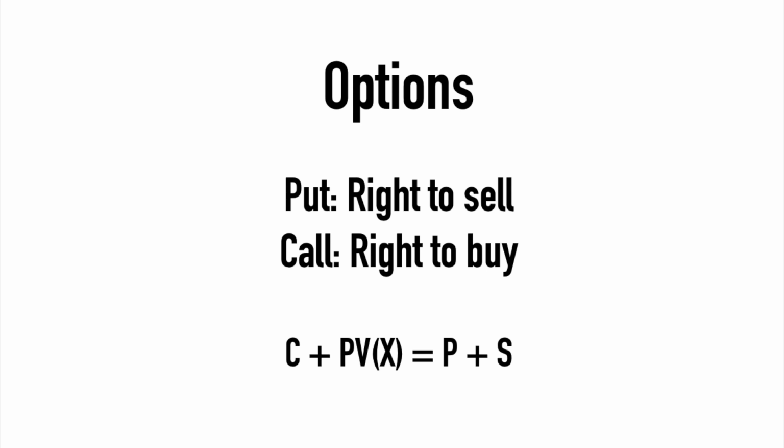I'm showing this because having this formula, it can be deconstructed and shown in different ways. So by rearranging the elements of the equation, we can see the relationship between calls and puts. And this is very useful just to have as a reference going forward.